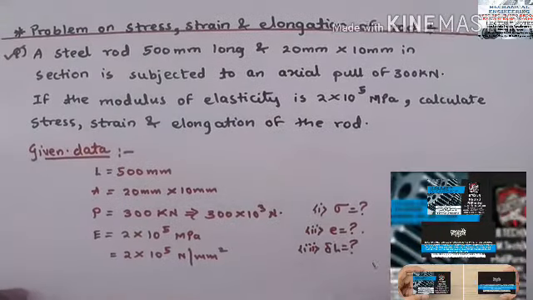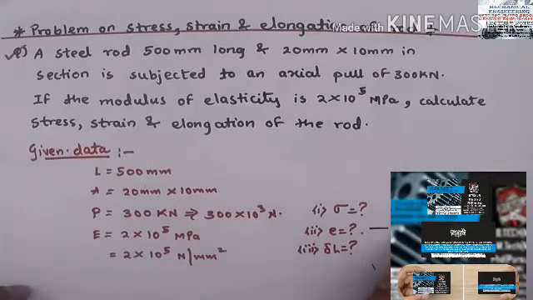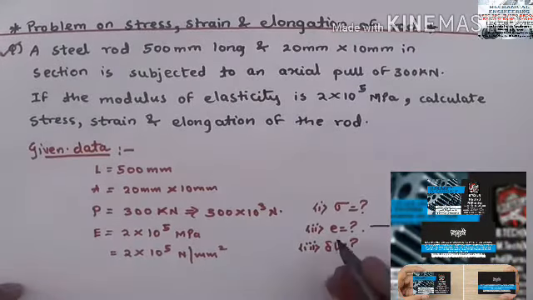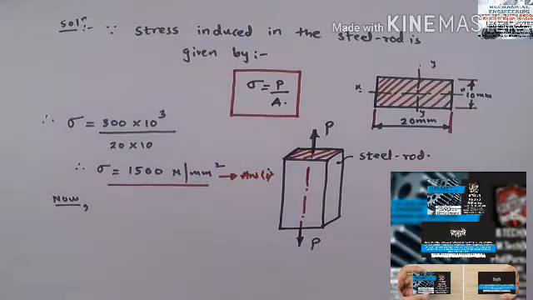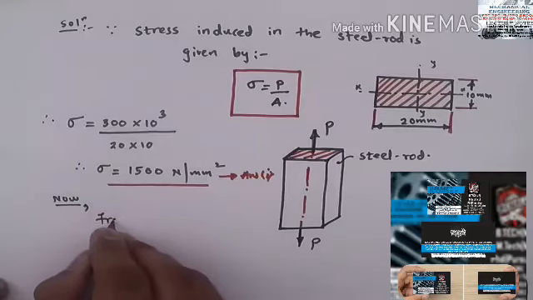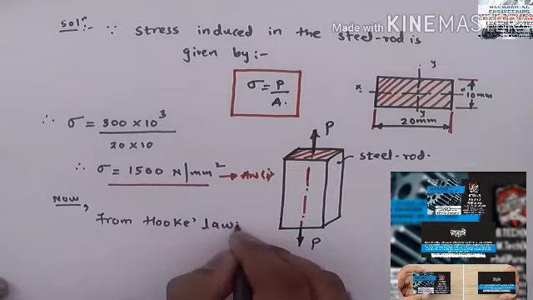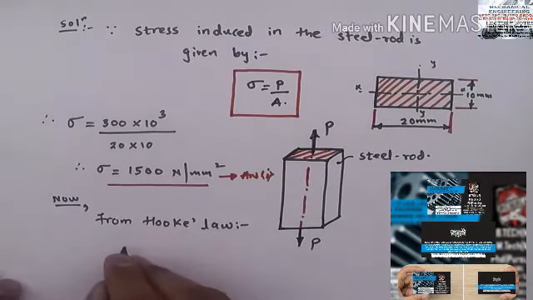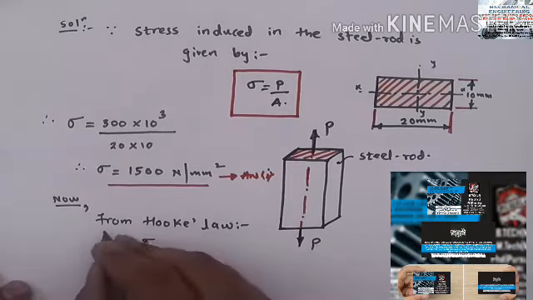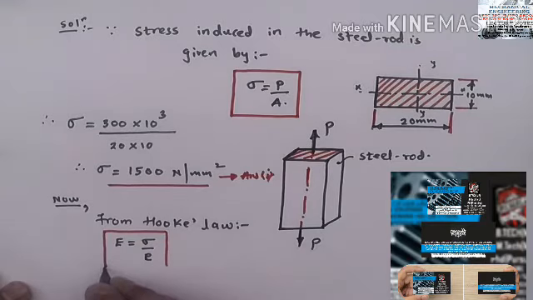Strain can be calculated by using the formula of change in length upon original length, but here even change in length is unknown, so we cannot use this formula. So for strain, I would be using the formula from Hooke's law. From Hooke's law, it states that capital E, Young's modulus, is stress upon strain. This was the Hooke's law. From that we have got the formula of Young's modulus, which is capital E, and here this is strain, small e.